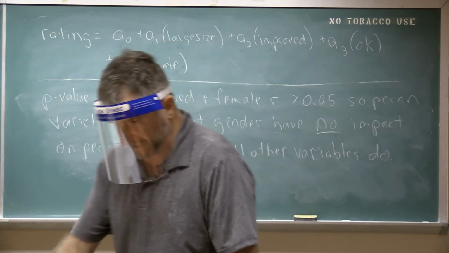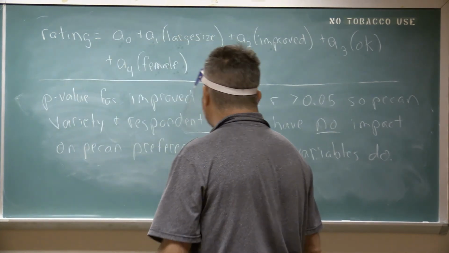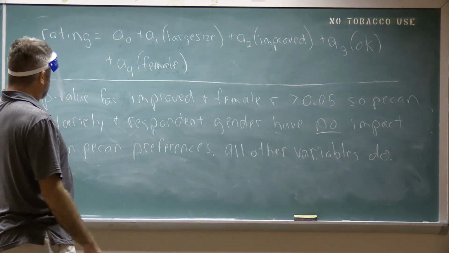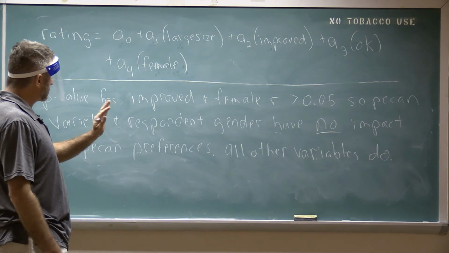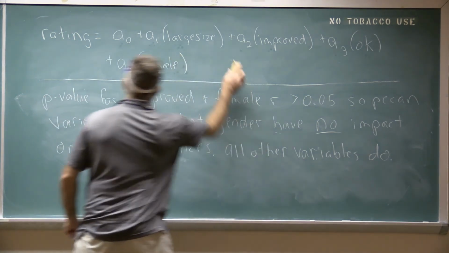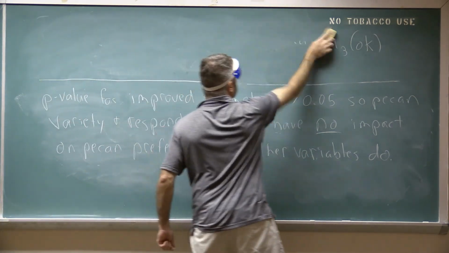And so we now went to the last one, all things considered. What does the regression tell us about the impact of those things for preferences? We've already kind of answered part of that here. The variety and gender has no impact. And so now I'm just going to look at the two variables with a p-value less than 0.05.